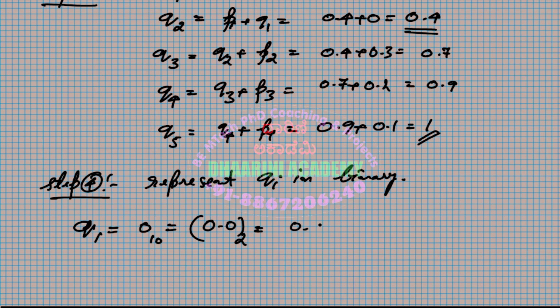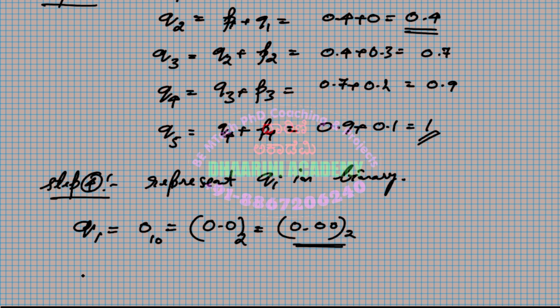So you write 0.00 to the base 2. This is my answer. Remember, the length which we have specified is after the decimal place. When we go to the other numbers, this becomes more clear.